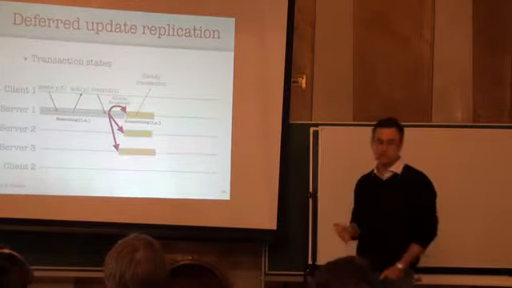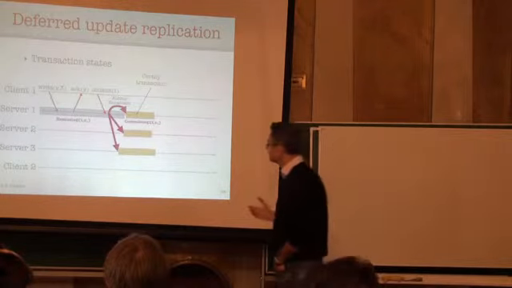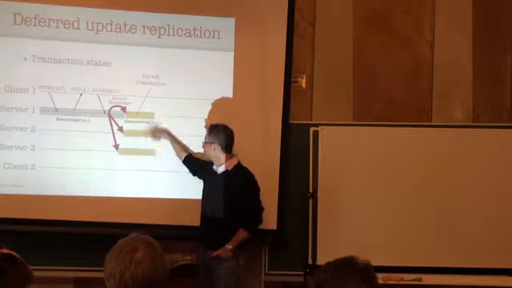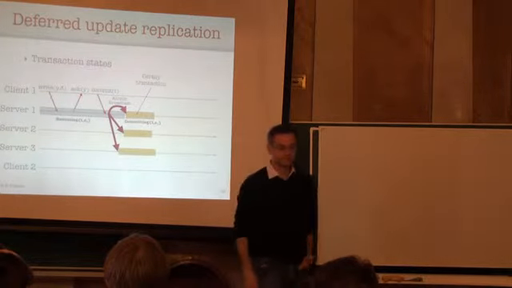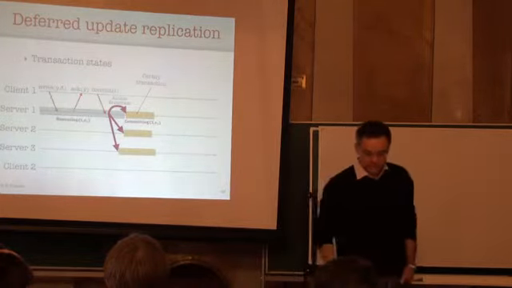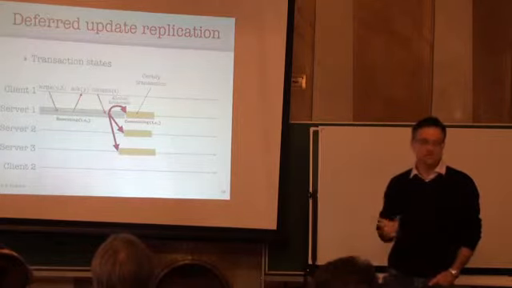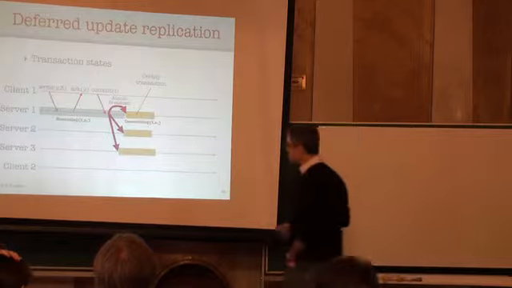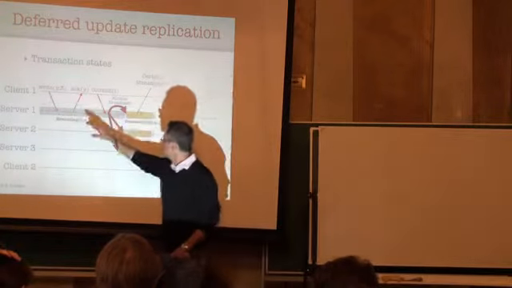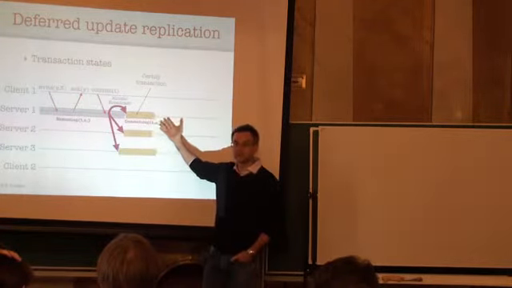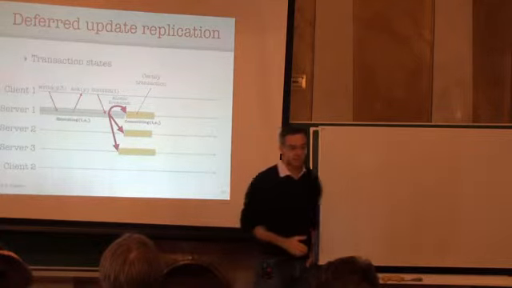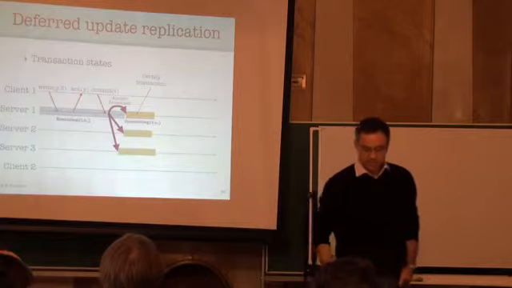Now, the executing phase only happens at one server because it's only executed at one server. But the committing phase happens at all servers because it's going to be delivered by all of them. And inside the committing phase, I have my certification. The certification is to check whether what was changed by this transaction is still compatible with the current state of the server, very similarly to multi-primary passive replication.